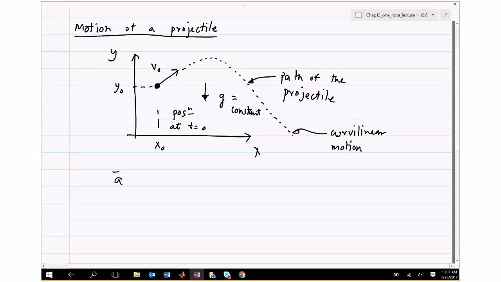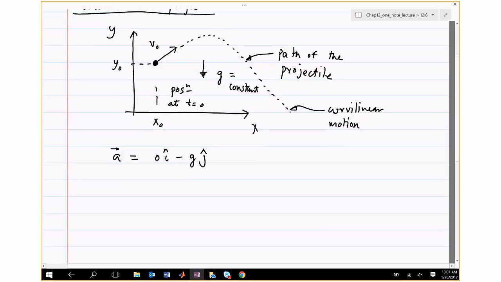So we're going to use what we learned last time to do the kinematics of motion under gravity. The acceleration is 0 i minus g j, where g is gravity and it points downwards.